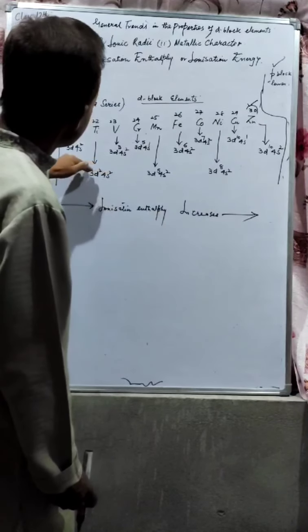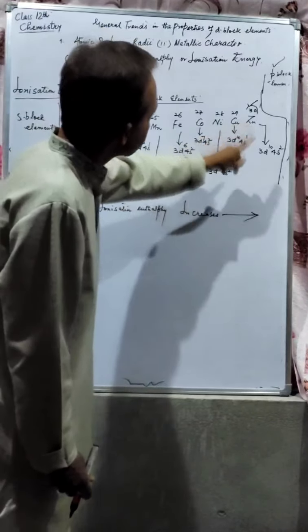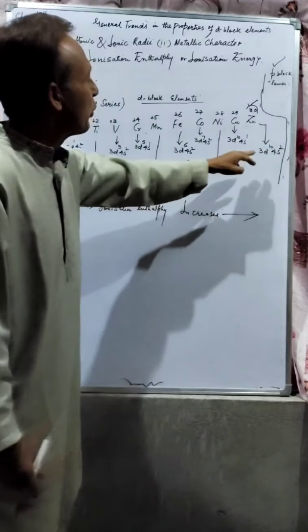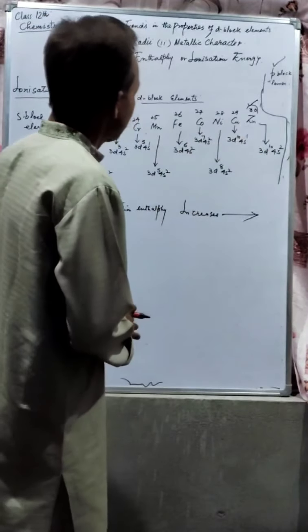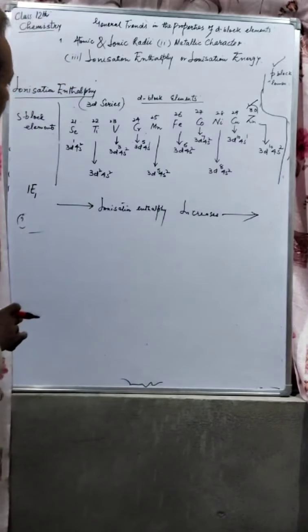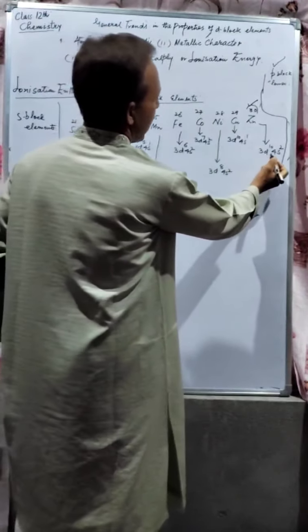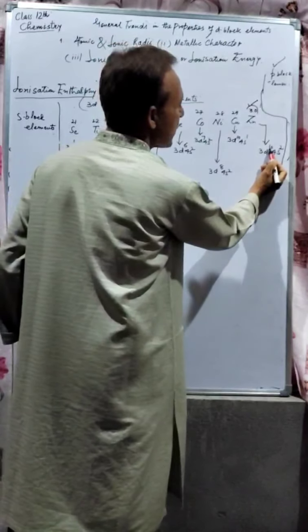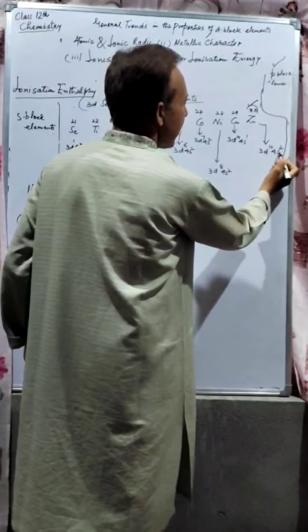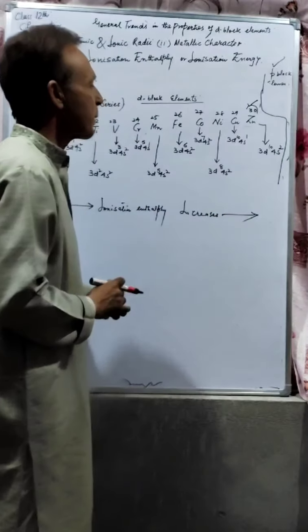That means the trend increases, but in case of zinc, we have to remove the electron against the completely filled d and s orbitals.